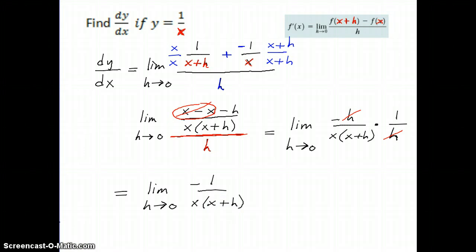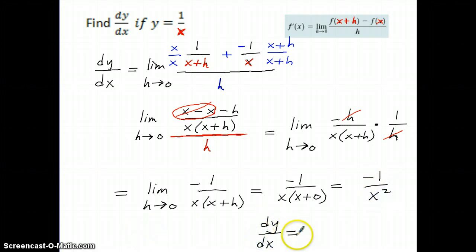Really nothing except plug in the h value of 0. So if we plug in h equals 0, now we have negative 1 over x times x plus 0, which is just like saying negative 1 over x squared, which is what dy over dx is equal to.